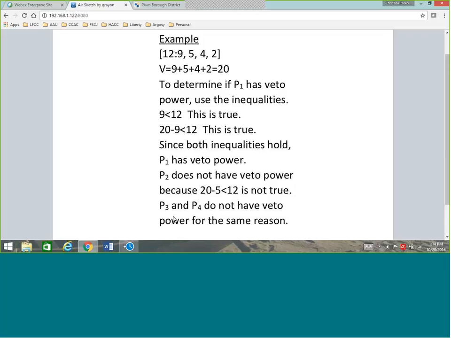Player 3 and 4 do not have veto power for the same reason. Even though the weight of 4 is less than 12 and the weight of 2 is less than 12, when you subtract 20 minus 4, you get 16, which is not less than 12, and 20 minus 2, which is 18, is not less than 12. So in this situation, player 1 has veto power.